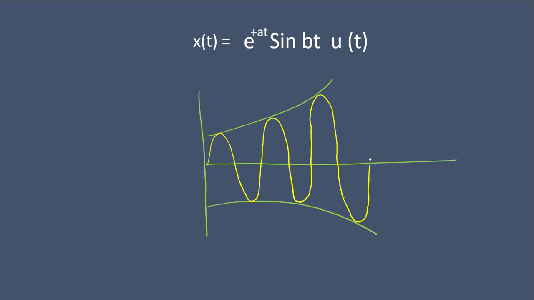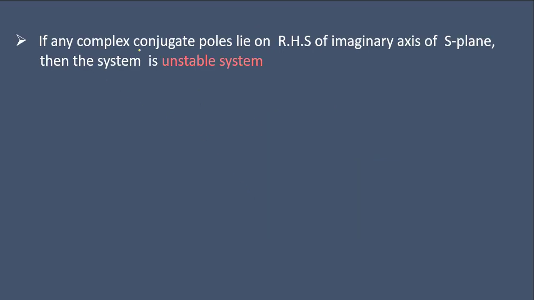And yes, you have correctly guessed, this is not absolutely integrable as the value of the signal is increasing, and also it is an unbounded signal, hence this is an unstable system. So we can say if any complex conjugate poles lie on the right hand side of the imaginary axis of the S-plane, then the system is an unstable system.